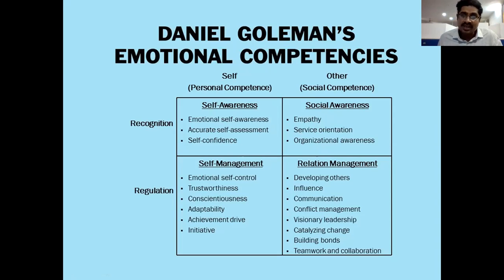Are we having sympathy upon others? And the service orientation: are we service oriented or not? Next, organizational awareness. These are a few skills that help us interact with others.